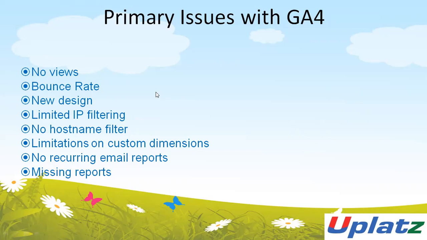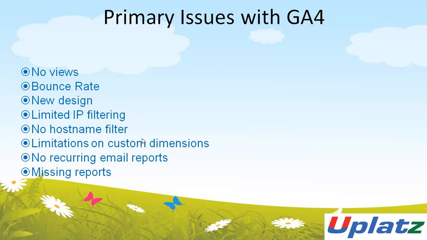And as I told you earlier, this report is mainly for the SEO specialist. The owner of a particular website who is taking SEO services from other companies will not be able to see what they actually want to see. Limited IP filtering, definitely. I explained that there is no view section, so there is no place for IP filtering.